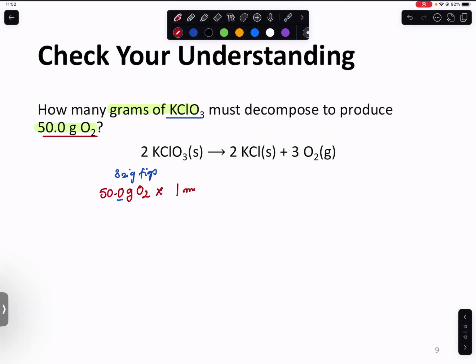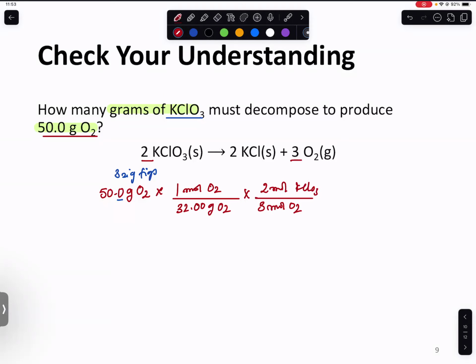times 1 mole of oxygen over, now the molar mass of oxygen is 32.00 grams of oxygen, okay, times, now we want to convert from moles of oxygen, so the moles of oxygen should be at the bottom, so I can say 3 moles of oxygen for every 2 moles of KClO3, okay?